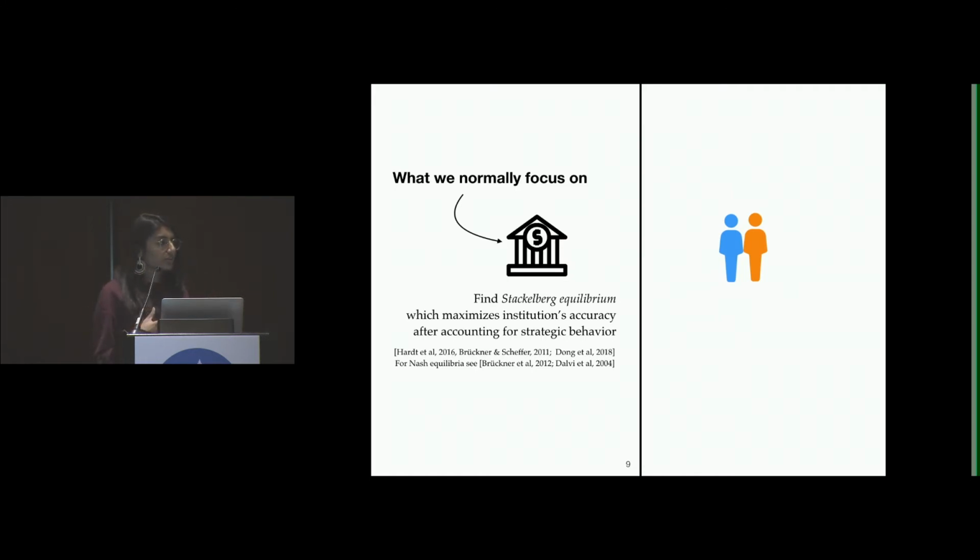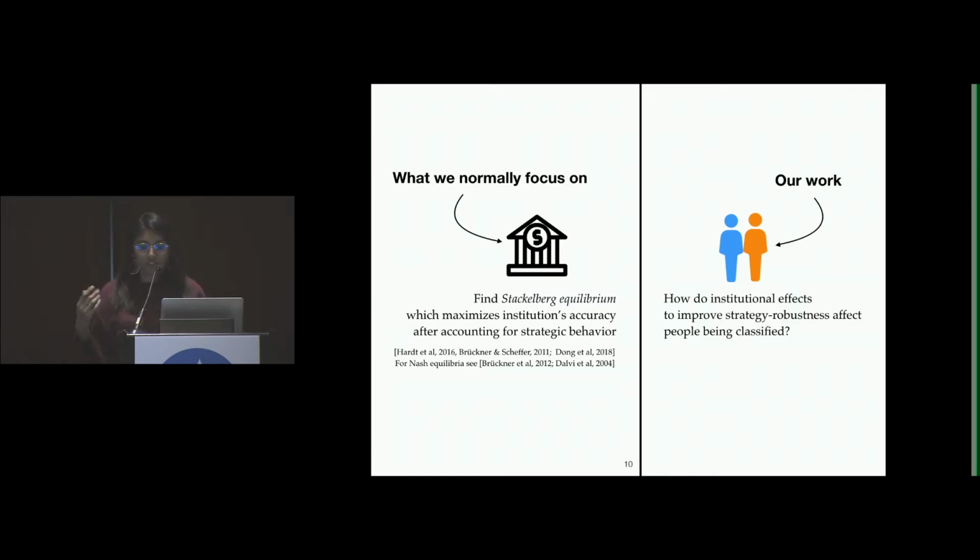In general, this work is very institution-centric, but in our work, we're going to look at the other side of the equation. We're going to look at how institutional efforts to improve strategy robustness end up affecting the people who are being classified.